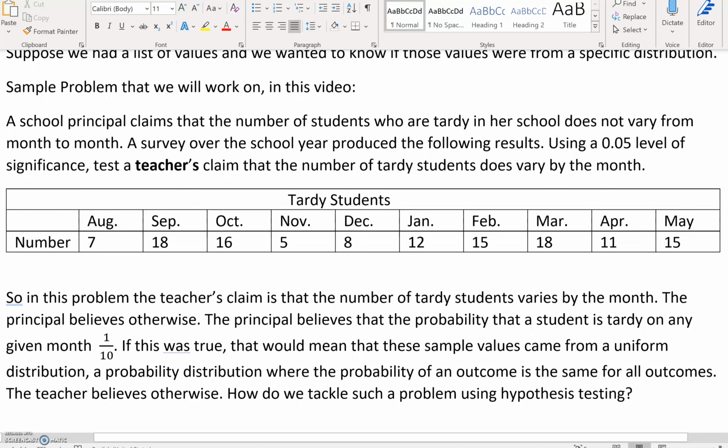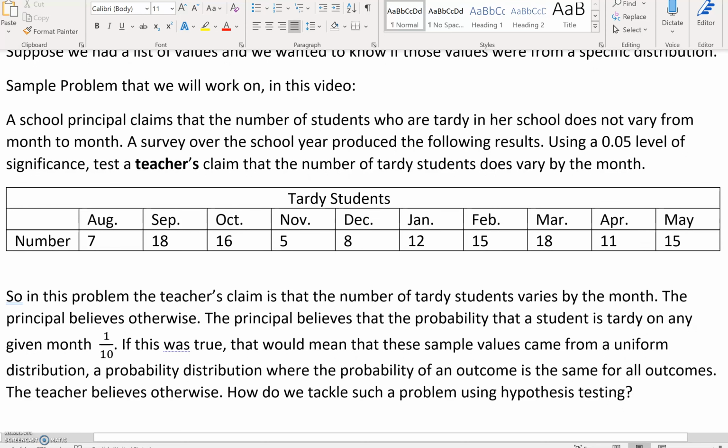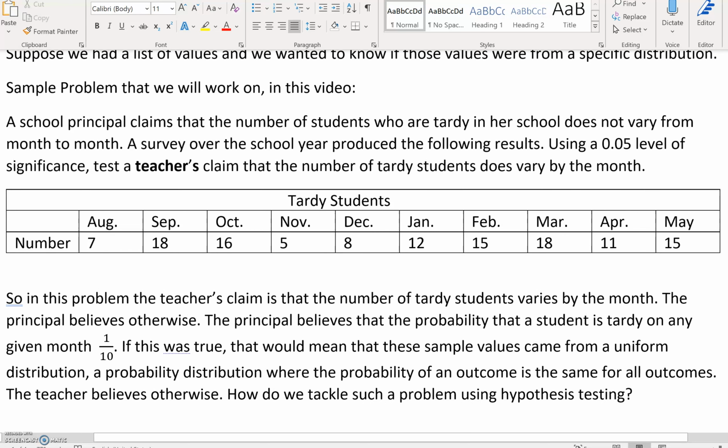The principal believes otherwise. The principal believes that the number of students that are tardy each month is the same. If that's the case, if the principal is correct, the probability that a student is tardy on any given month is 1 out of 10.